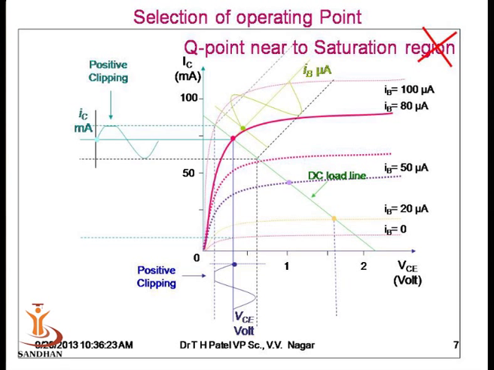During that, the input current drives the transistor into the saturation region. As long as IB flows in the saturation region, the collector current remains constant, and as a result, the collector current IC is clipped at its positive peak. Similarly, if we take the projection of the collector voltage, we find a clipping at its edge also.